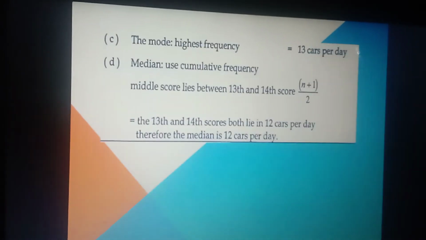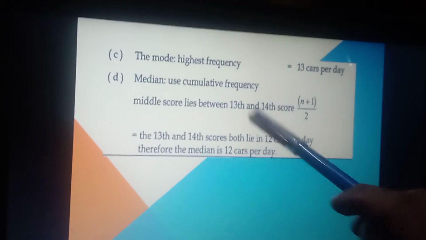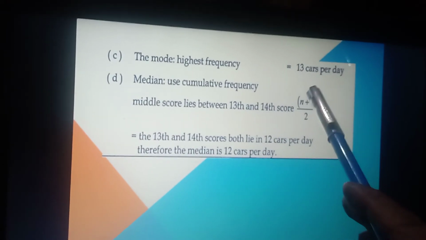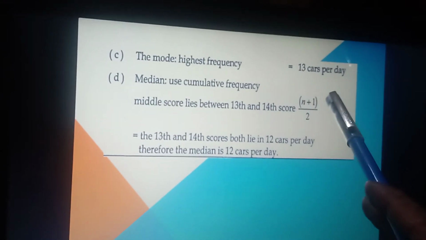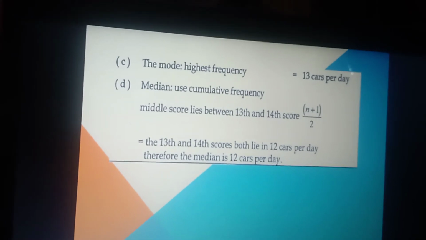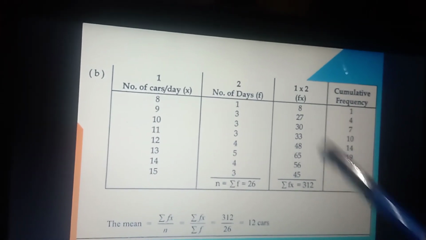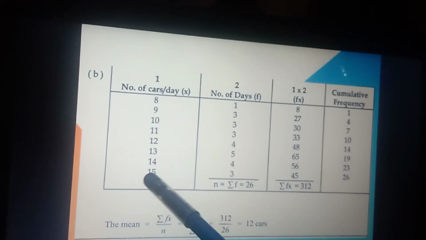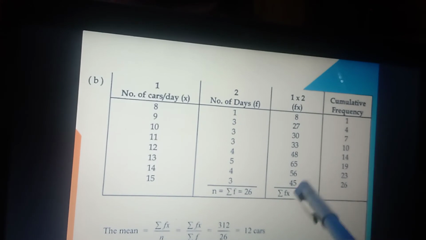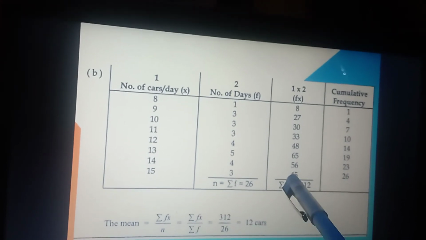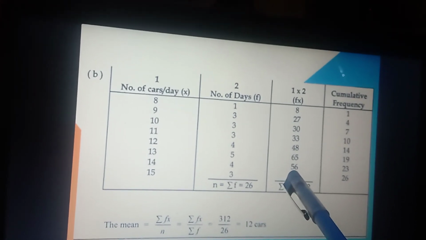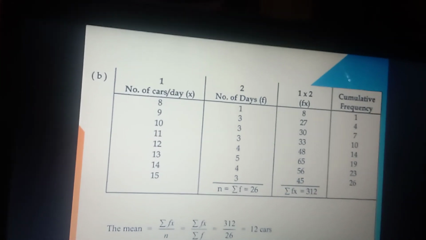Next is to get the mode. The mode is the value showing the highest frequency in the table. Here, in the table of number of cars, the highest frequency is for 13 cars.